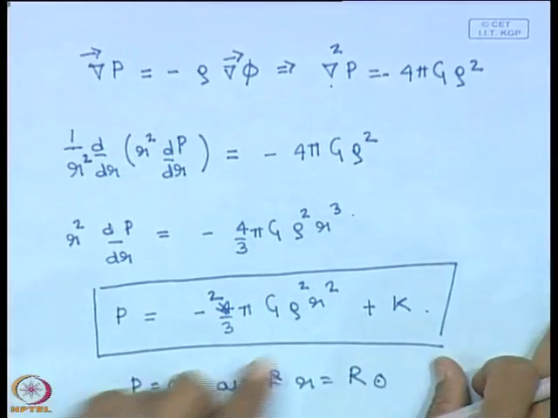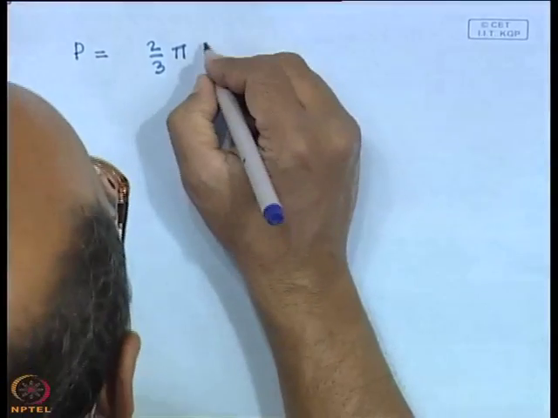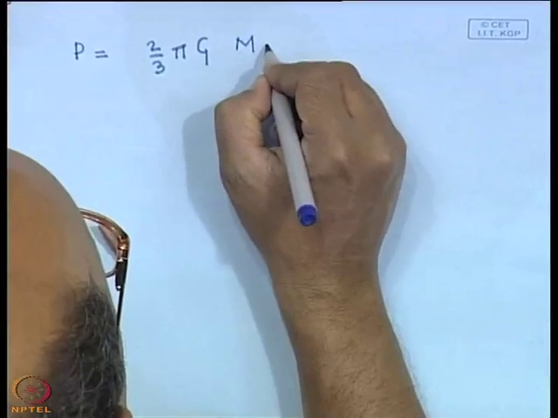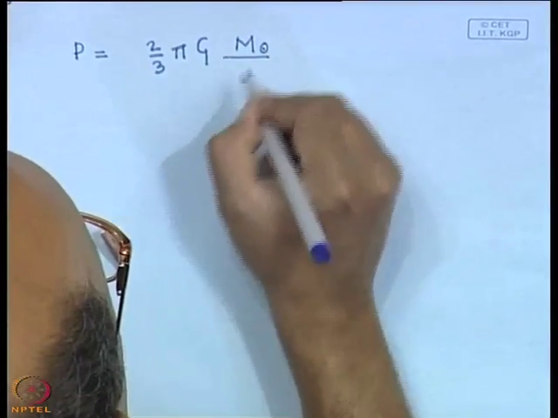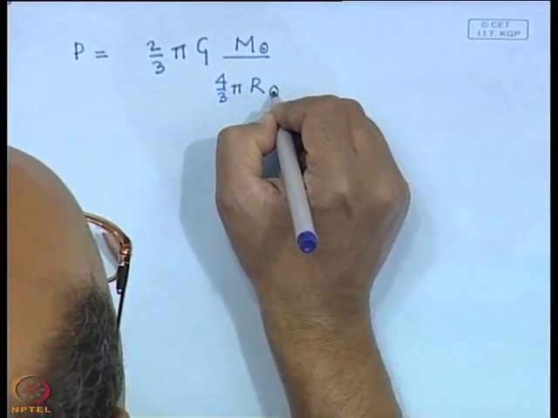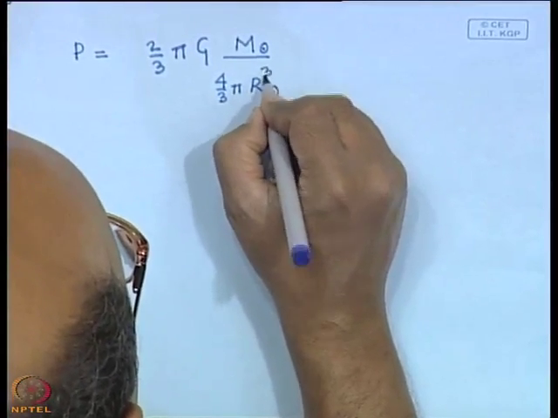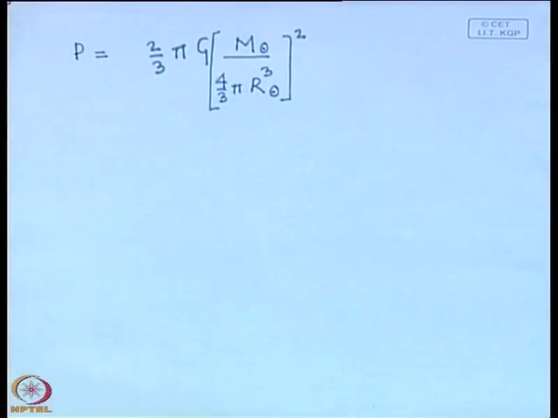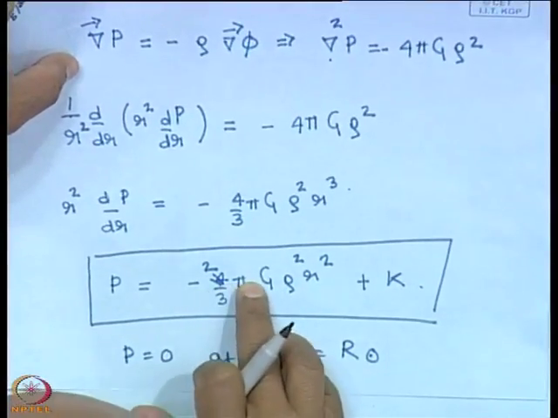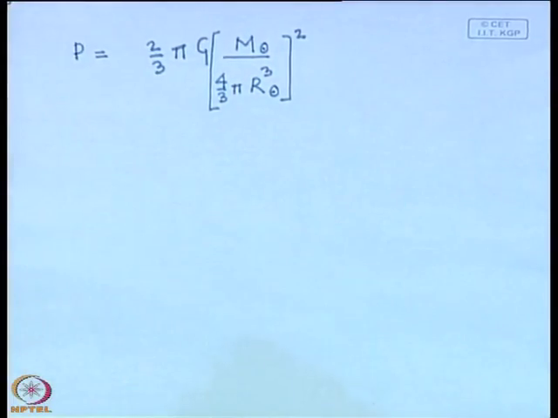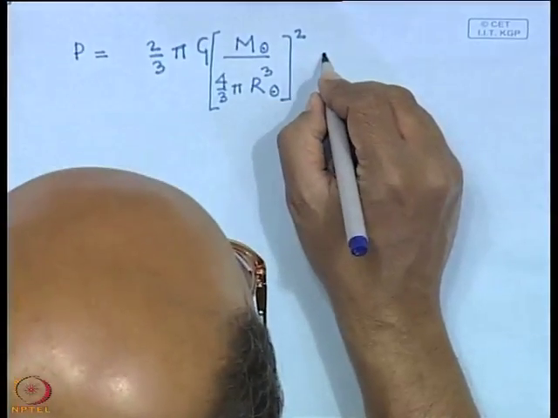So, this then can be written as 2/3 pi g M sun by 4/3 pi r sun cube, that is the density, the square of this, that is the density. So, we have 2/3 pi g rho squared, and then we impose the boundary condition and we have a term.